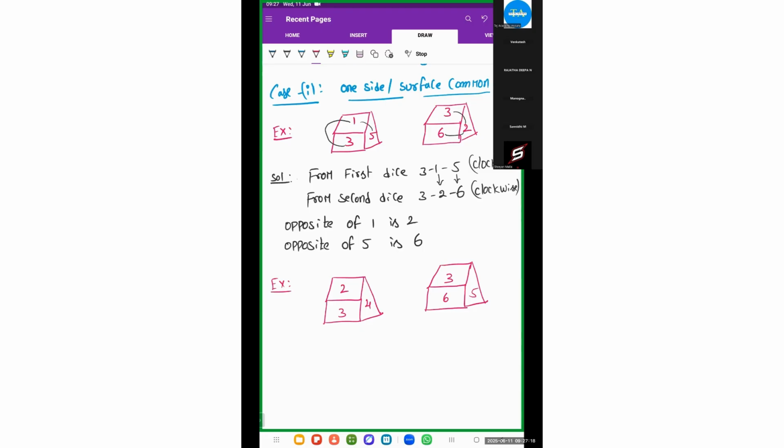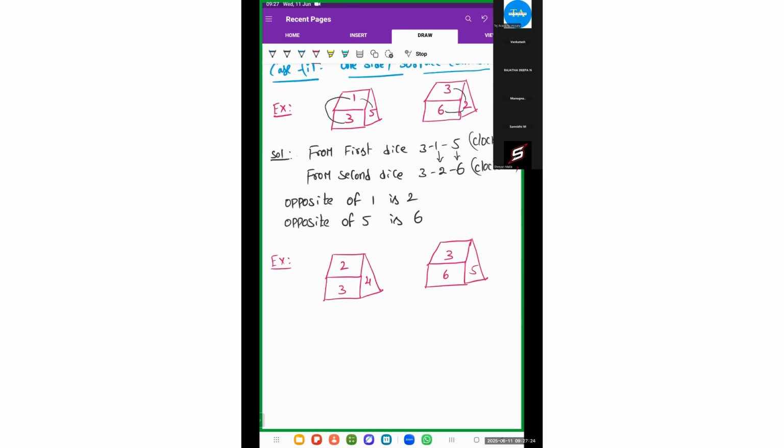Which number is common? 3 is common. From the first dice, going clockwise, 3, 2, 4, that is 3, 2, 2 and 2, 2, 4. From the second dice, 3, 2, 5 and 5, 2, 6.